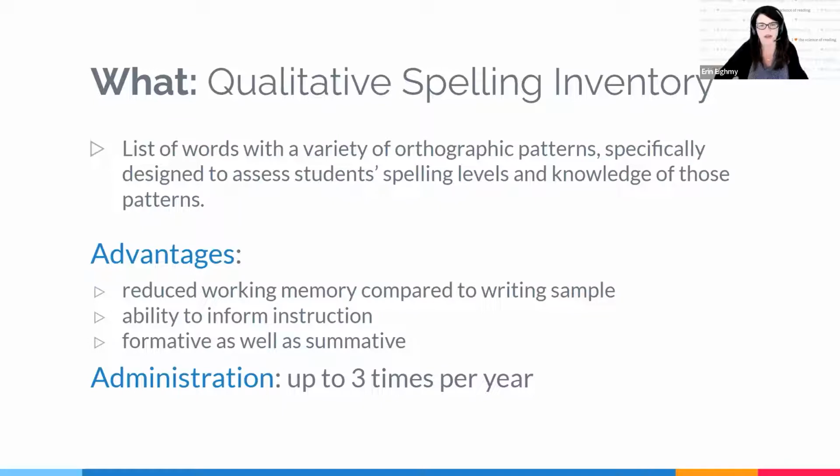So we're taking out the construction and composition layer of working memory, and just focusing on spelling from dictation. And that gives us a better idea, with a set sample of words, of the patterns we're looking for.